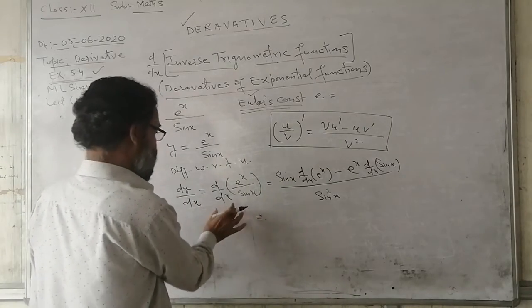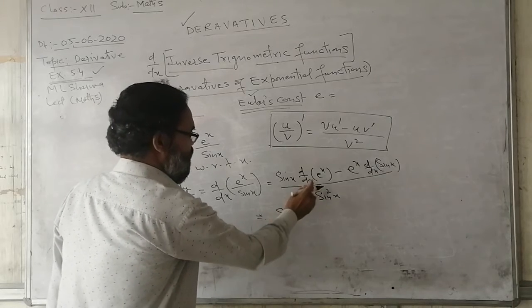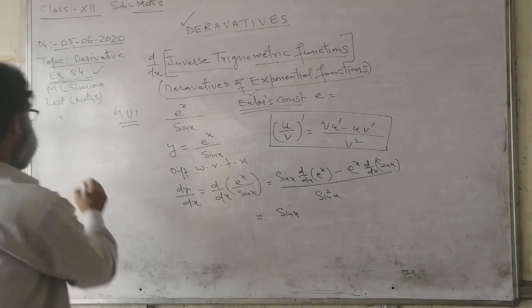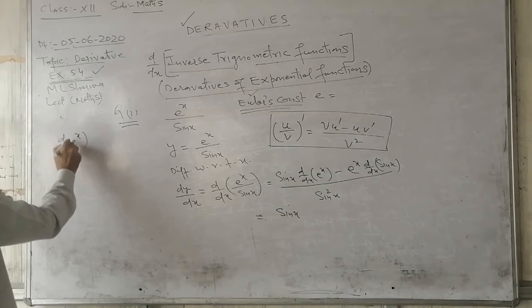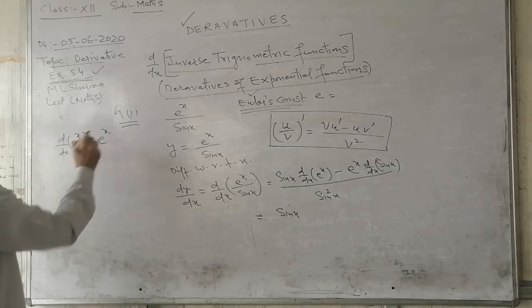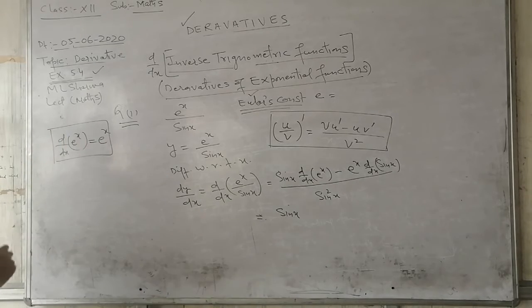So this will equal sin x into e raised to power x. The derivative of e raised to power x is e raised to power x. This formula I also had shown.